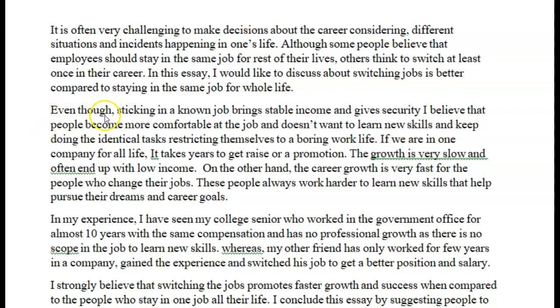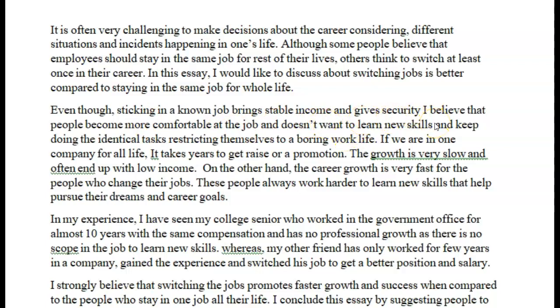The second thing is we don't put a comma after even though. The comma comes at the end of the clause. So it should be, even though sticking with a known job brings stable income and gives security, comma, I believe people become too comfortable at the job and do not want to learn new skills.